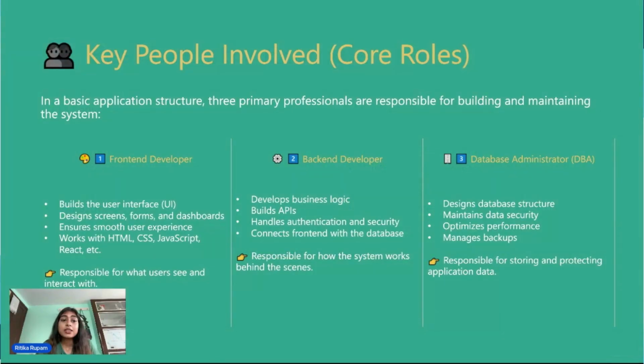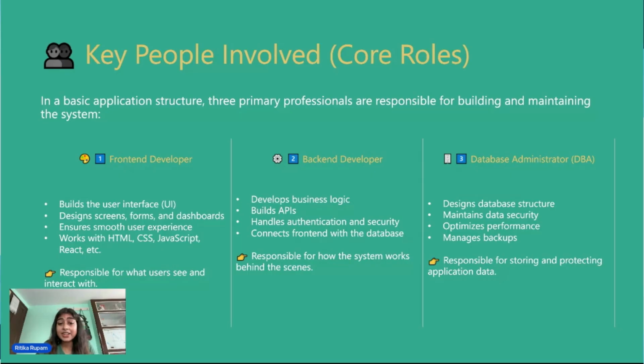The key people involved in developing a web application are usually called front end developers, back end developers, and the database administrator, which is usually called DBA. So, what does a front end developer do? He or she builds the UI of the application. The buttons, the colors, the styles that you see on the application are all done by a front end developer.